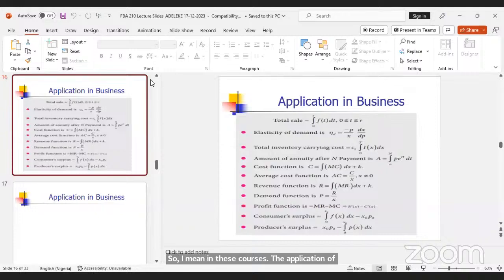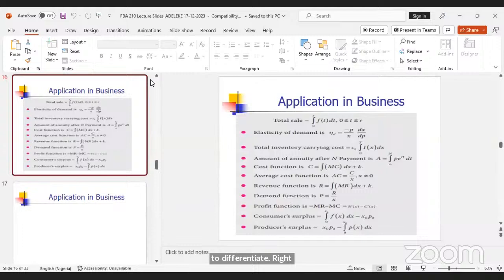Basically, we will apply it to functions that are in their marginal form or in their average form. Once you have the marginal, to get the total, you will need to integrate. If you have the total, to get the marginal, we need to differentiate.